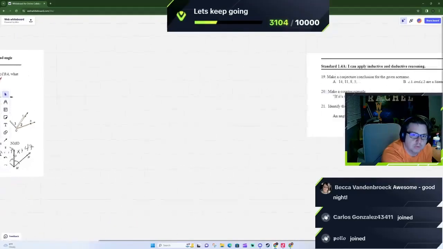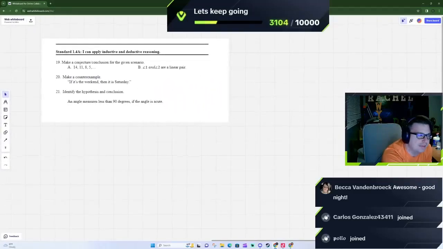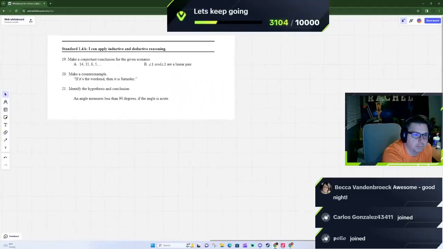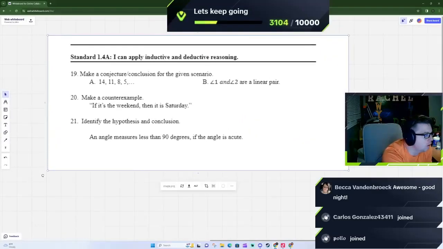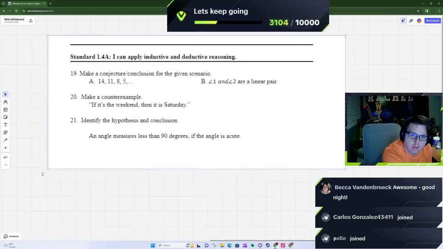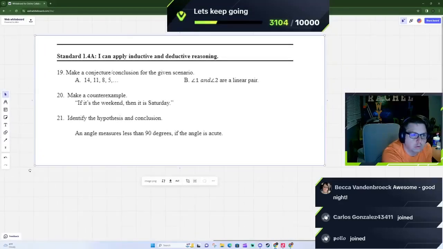Now, we're talking about inductive and deductive reasoning in this one. And when I do stuff like this, there's a difference between inductive and deductive reasoning.